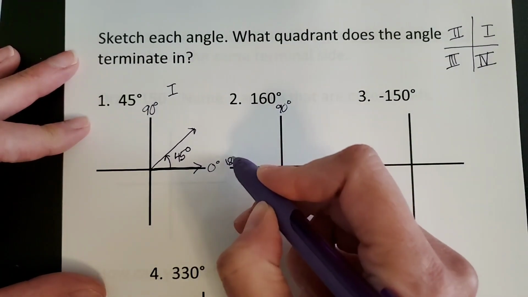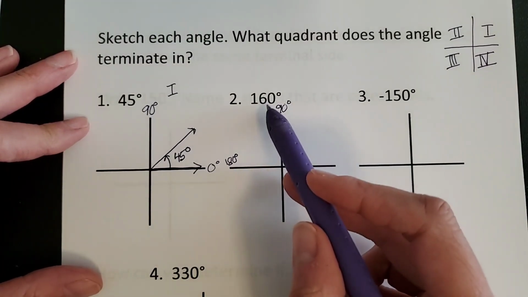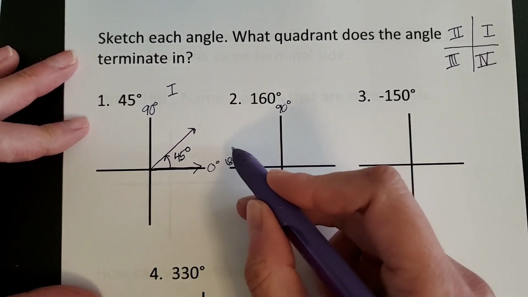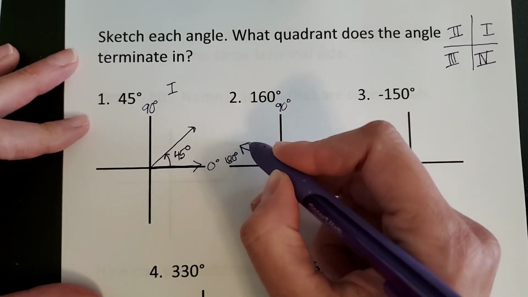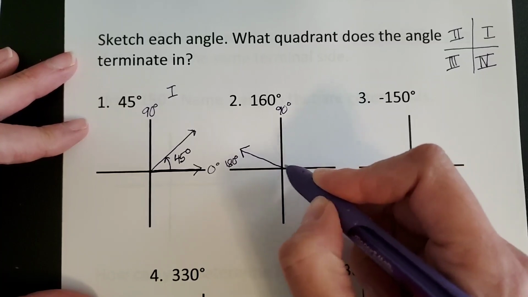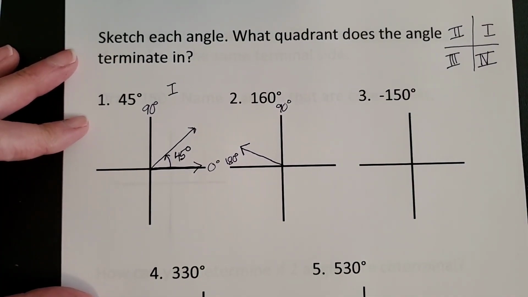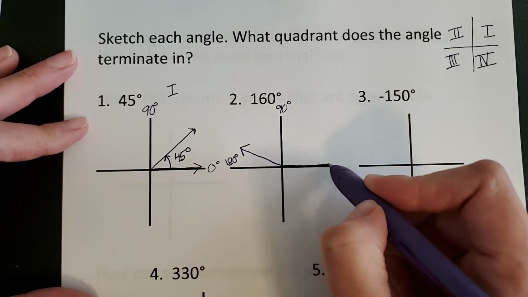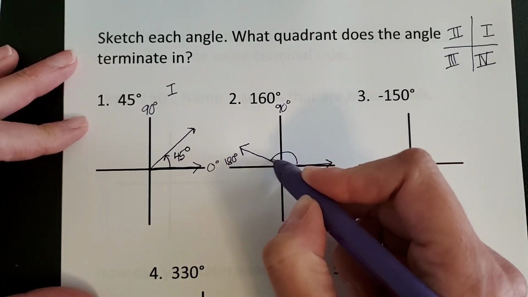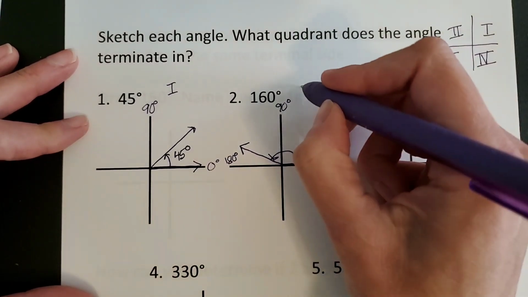All the way over here would be 180 degrees, and so I'm going to use those as a frame of reference. 160 degrees is going to be closer to 180. In fact, it's going to be 20 degrees away from 180, and that 20 degrees actually will play an important role. It's called a reference angle, and it helps us know where that angle terminates. So here, this would be 160 degrees. That terminates in quadrant 2.